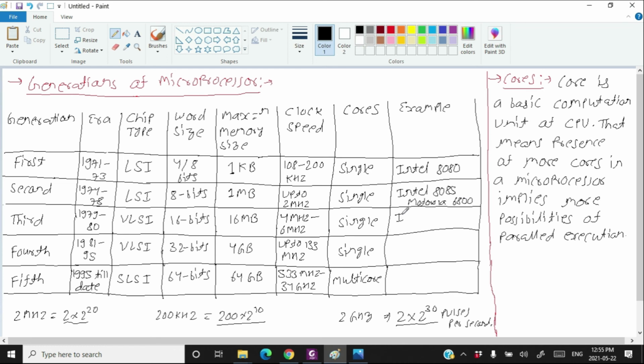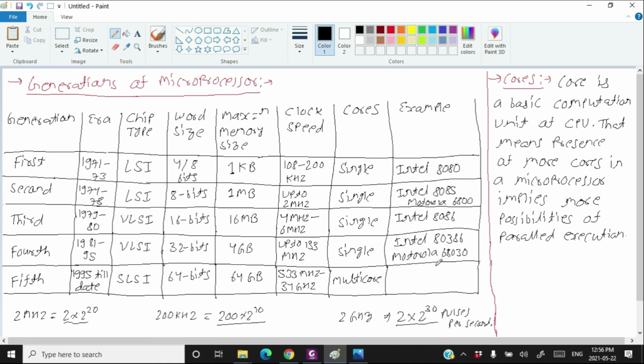Intel 8086 was a famous name of the third generation. 80386 was the famous name of the fourth generation, or Motorola 68030.